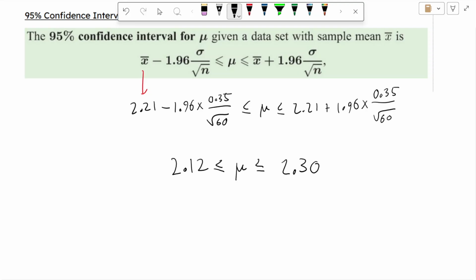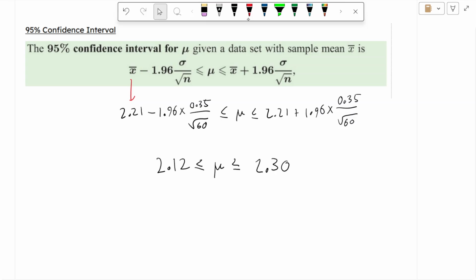Okay, now the way that we interpret this is we are 95% confident that the true mean weight of adult Pomeranians is between 2.12 kilograms and 2.30 kilograms.